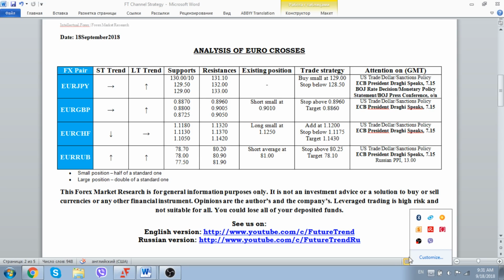And today we'd like to concentrate your attention on the block of euro crosses, and especially on the euro yen cross, because here, as we suggest, we are in a very interesting phase of trading, let's say so.